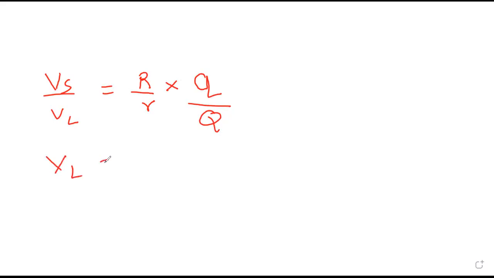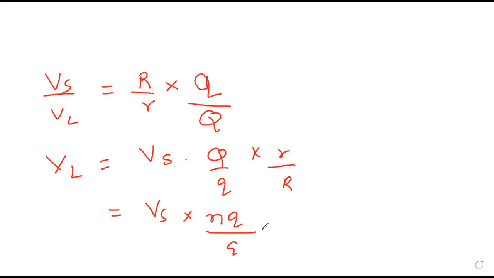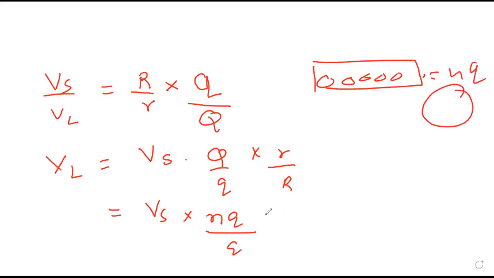So potential of larger will be potential of small into q by Q into r by R. How much is Q? It is n times q, because all this q will add, and n charged droplets will become nq when it forms a single bigger drop.